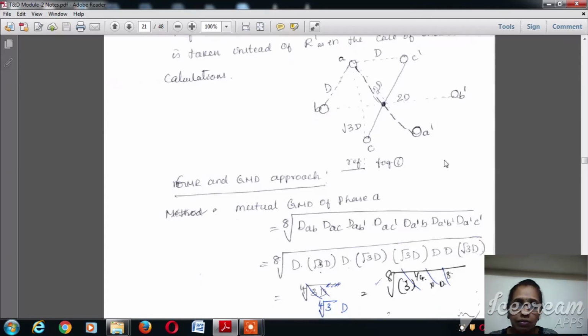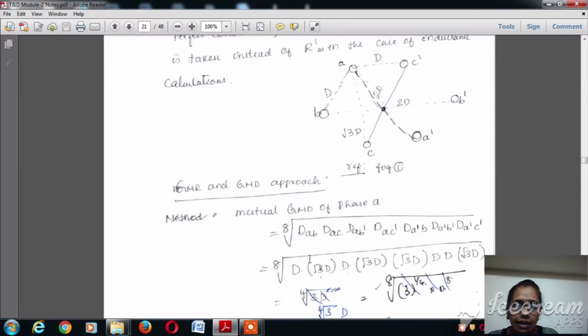Now if we substitute this, the 8th root of d into root 3d, d into root 3d, because DAB is equal to d, DAC is equal to root 3d, and DAB dash is again root 3d. So d into root 3d, DAC dash is also root 3d, and then into d.